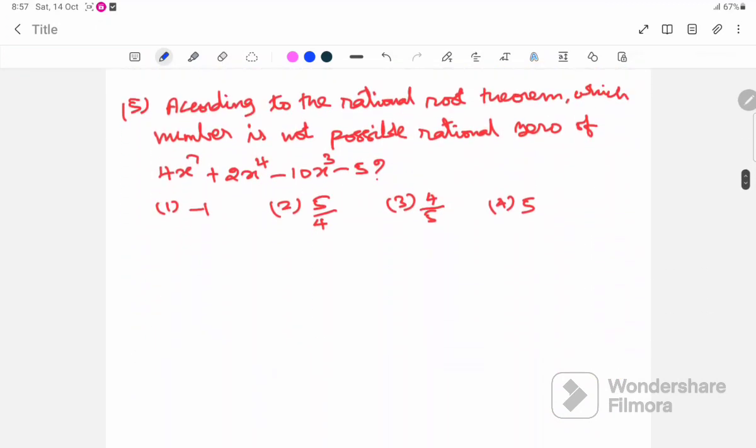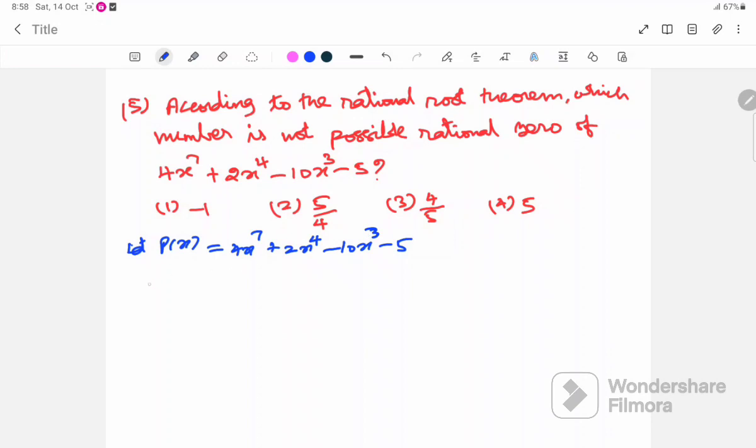Now, going for question number 5. According to the rational root theorem, which number is not a possible rational zero of 4x power 7 plus 2x power 4 minus 10x cube minus 5. So here I consider the rational root theorem; the given can be taken as p of x, 4x power 7 plus 2x power 4 minus 10x cube minus 5.